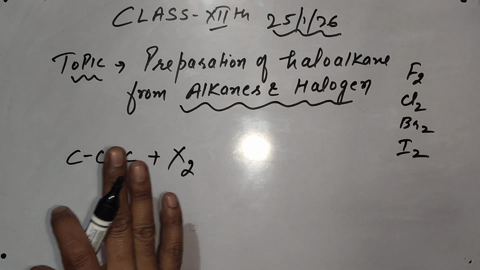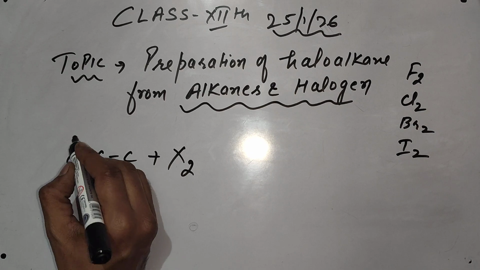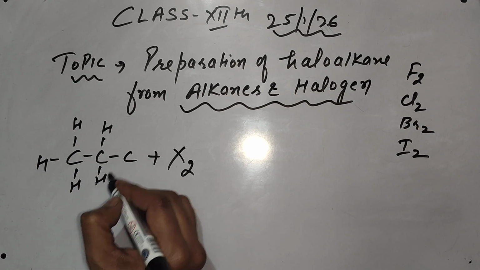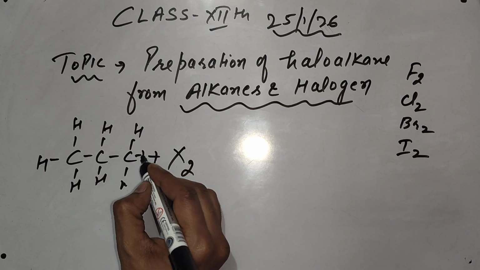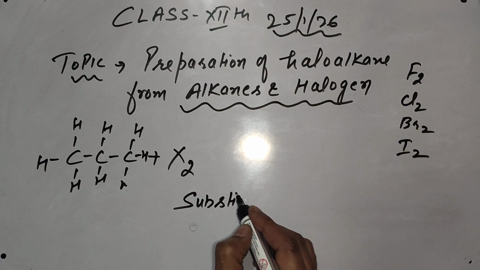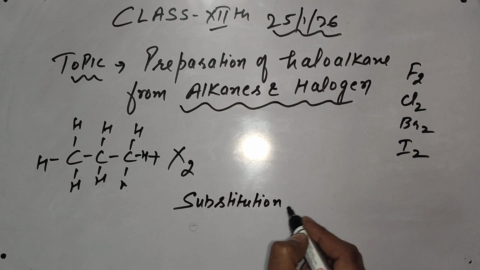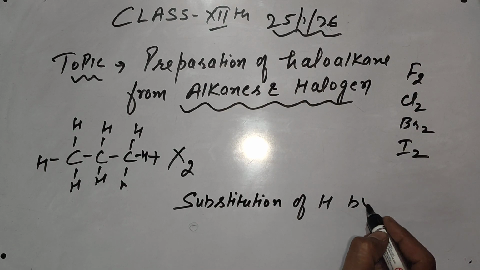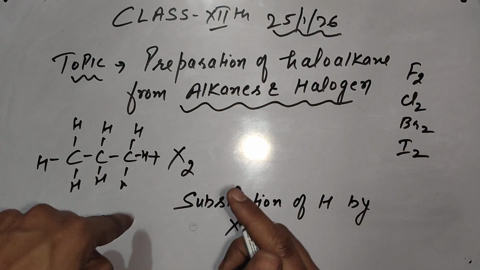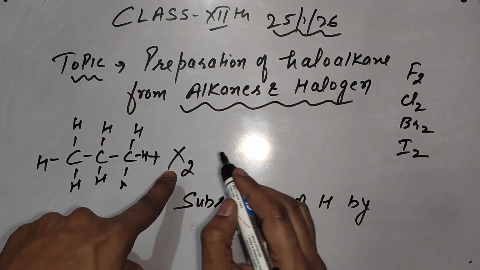Now first of all, let's understand in a simple manner what is happening over here. In these reactions, substitution of hydrogen by X is happening. Suppose I have this alkane and I'm going to react it with X2.